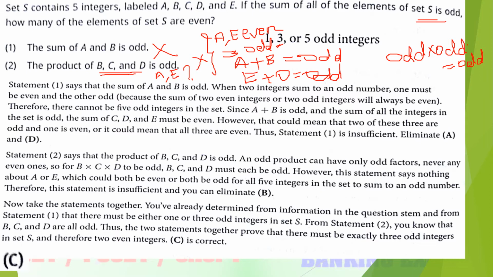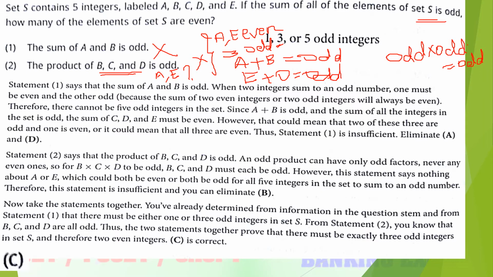I hope all of you understood. There are a total of 5 integers in the set, and the final answer is odd. To get an odd answer, you have to maintain either 1, 3, or 5 odd integers. From the first statement, A is already even and B is odd.